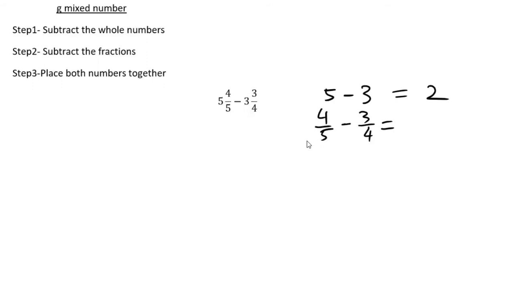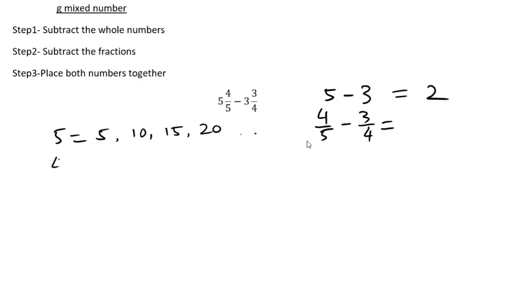How do we make it the same? We can think about the least common multiple. For 5: 5 times 1 is 5, 5 times 2 is 10, 5 times 3 is 15, 5 times 4 is 20, and so on.